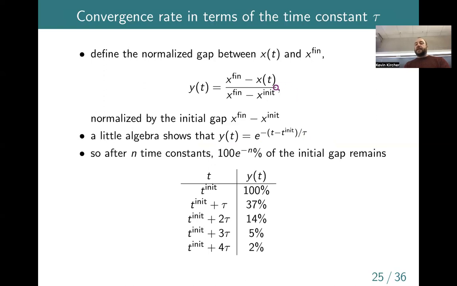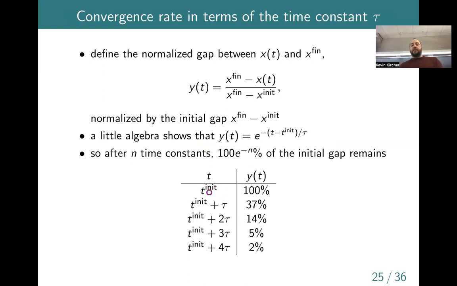That comes from taking the expression for x, which we derived a slide or two ago, plugging it in up here and doing some algebra. So after n time constants, t equal to n tau plus the initial time, 100 e to the minus n percent of that initial gap remains.